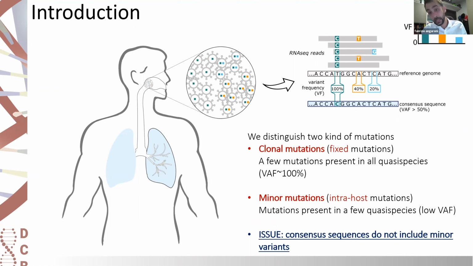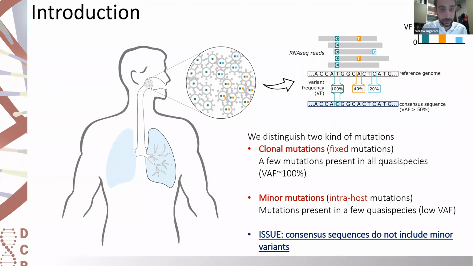Or the mutations that have a low variant frequency, so are present only in a few quasi-species of our sample. Obviously, if you study with consensus sequencing, by definition, you will lose all of this information.